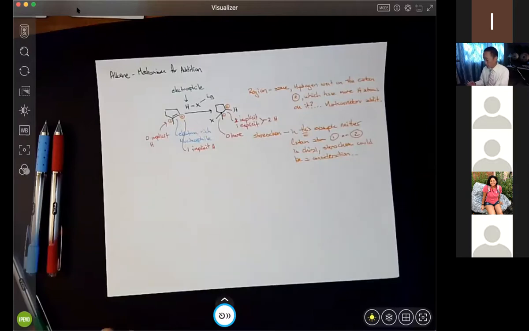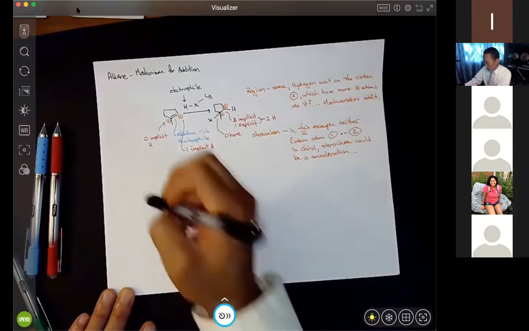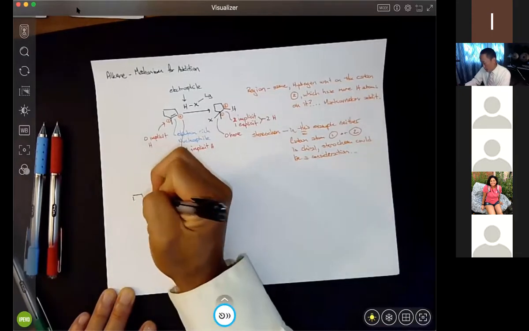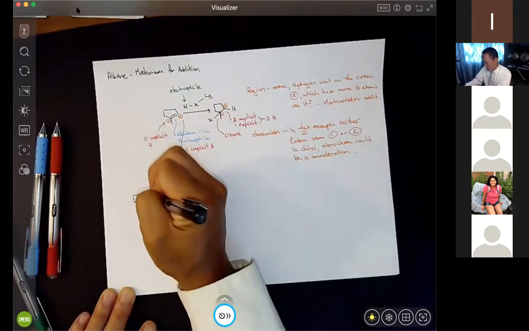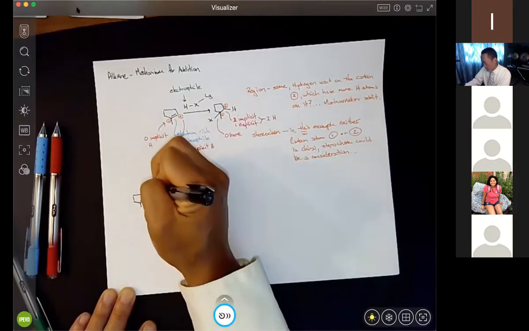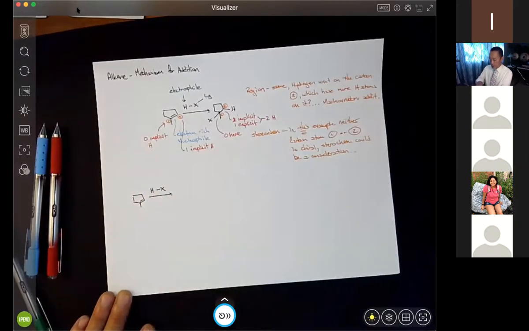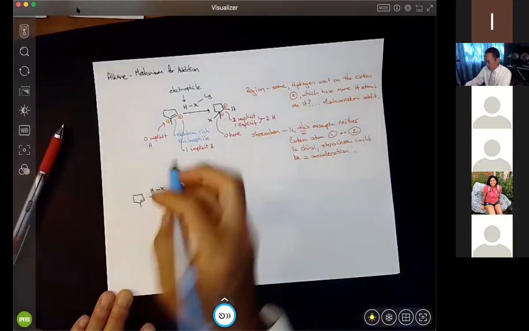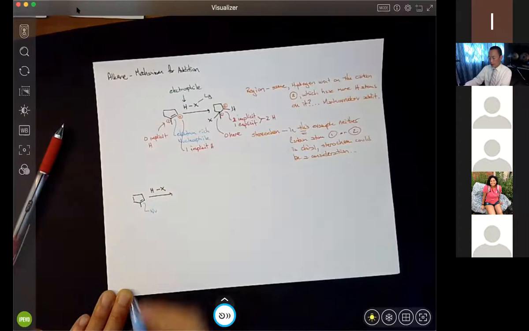So let's take a look at the overall generic mechanism that would occur when we reacted this methyl cyclopentene ring with HX. We've already said that this species right here will behave as our nucleophile.